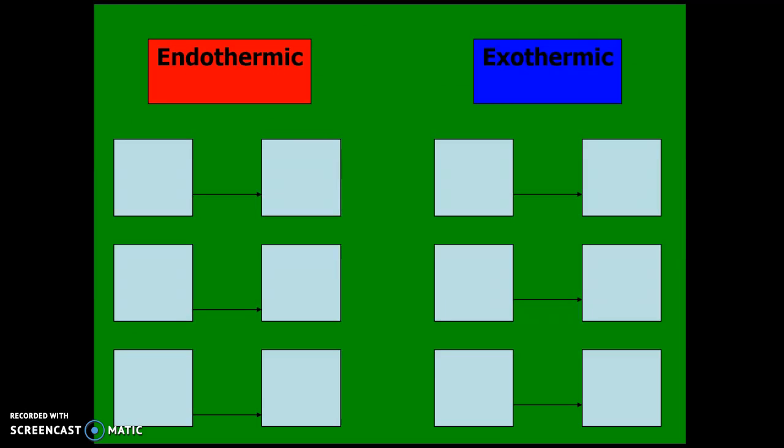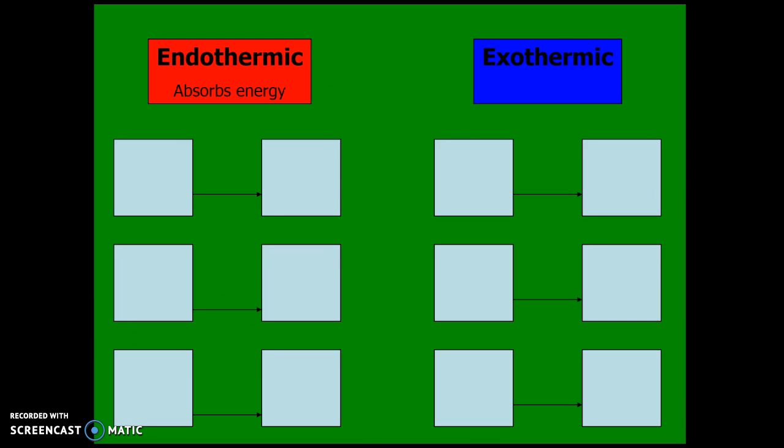Here we have just a breakdown of what phase changes are endothermic and which phase changes are exothermic. Make sure that you remember here, these endothermic phase changes you can see on this slide are under the red category. That is because they are going to absorb energy. Exothermic, they're going to give energy off. Okay.